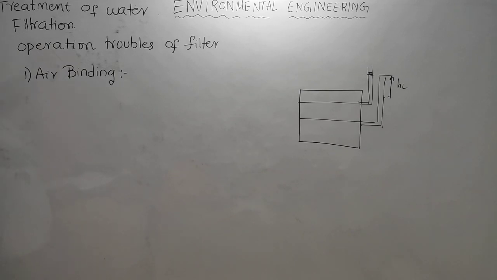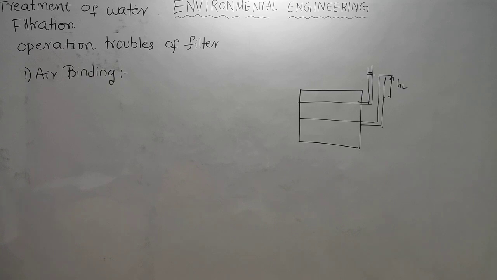This air obstructs the flow of water through the filter. Whenever the air comes, water cannot flow. This kind of air which is avoiding the flow of water is nothing but air binding.